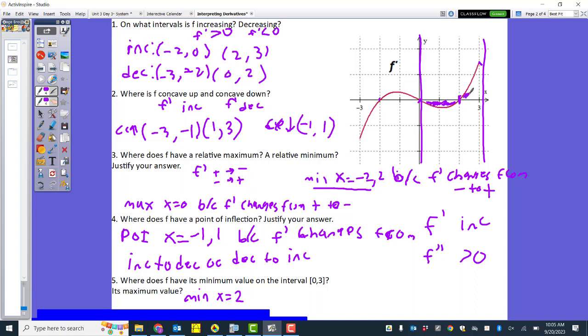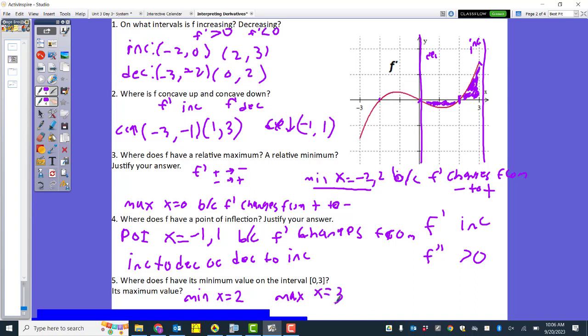But then on this other side, that's more than half a square there, plus this little bit right here increasing. Definitely looks like it increases more than it decreases. So our max is going to end up at x equals 3.